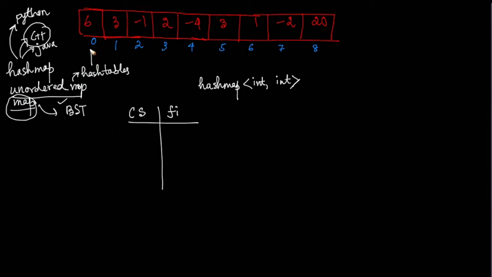Let's say we start from the first element, 6. What is the cumulative sum till now? Only 6, right? So I'll write 6, and the first index at which I got 6 is 0. I'll move this pointer to the next element. I am now pointing at 3. What is the cumulative sum? 6 plus 3, 9. And my pointer is now at the first position.